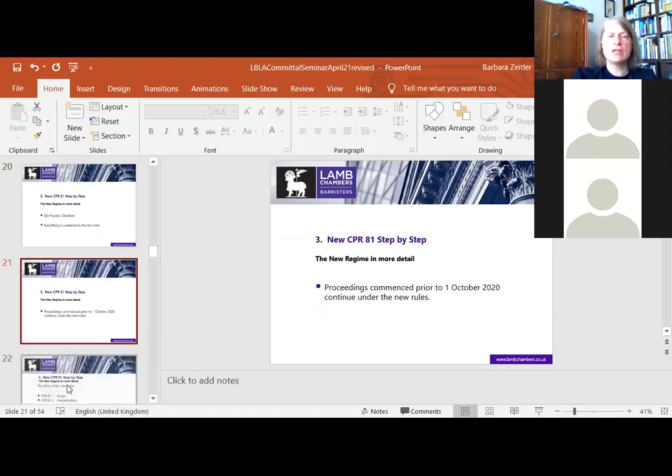And in terms of a set of rules under the civil procedure rules, I wouldn't say it is a massively short part, but it is not the longest part under the civil procedure rules either.